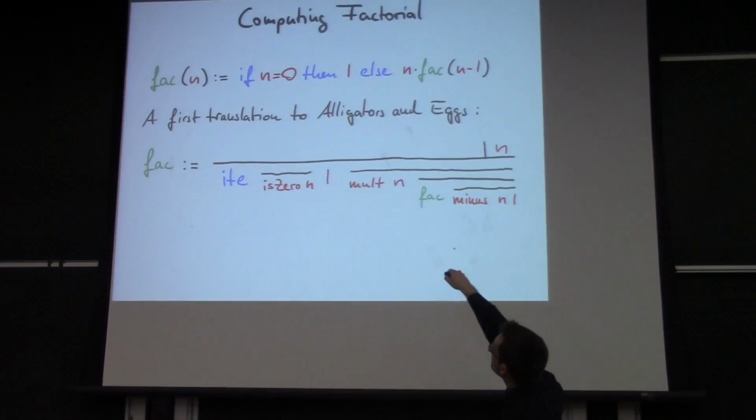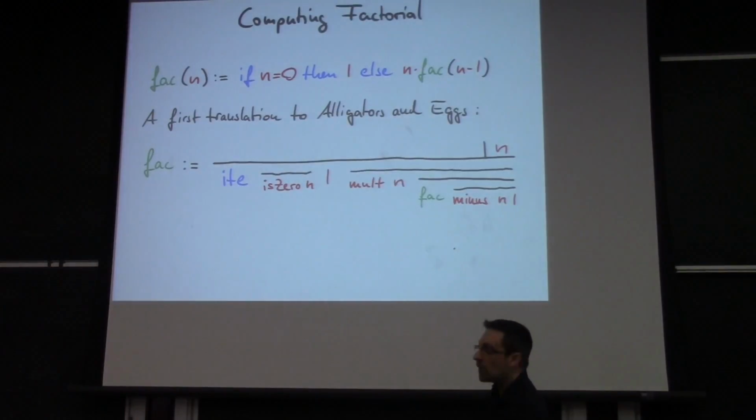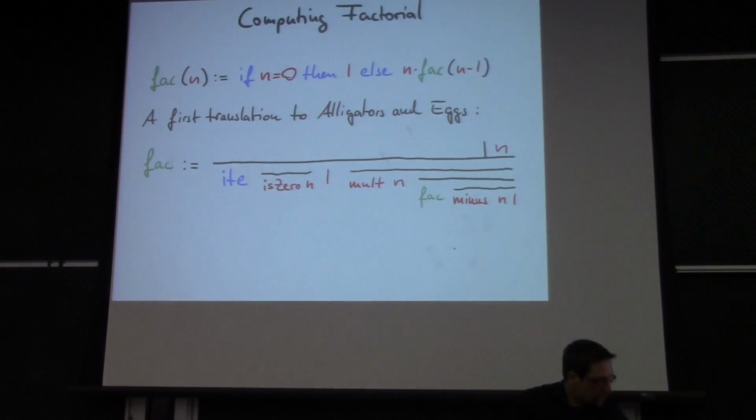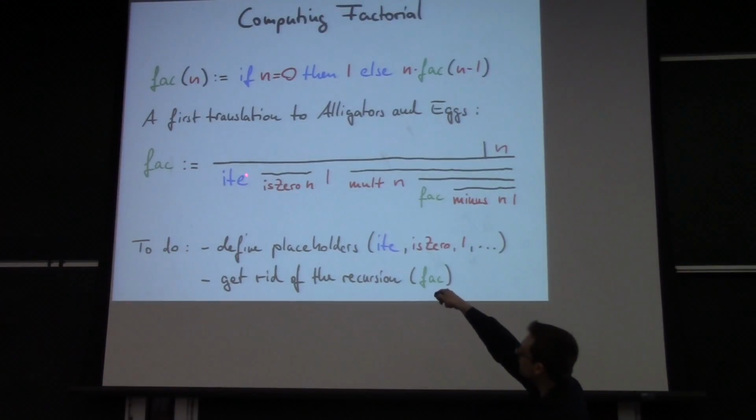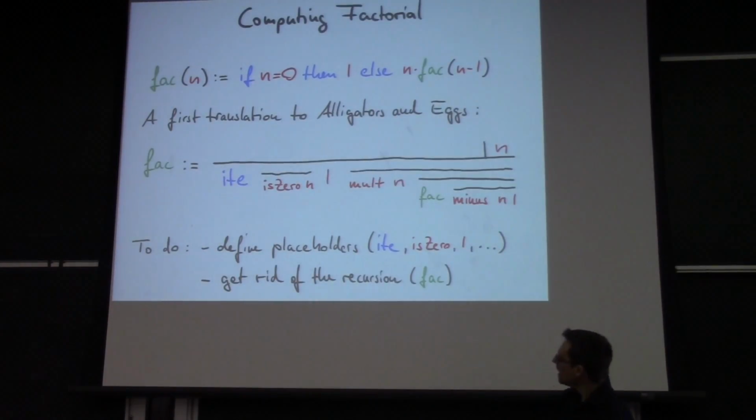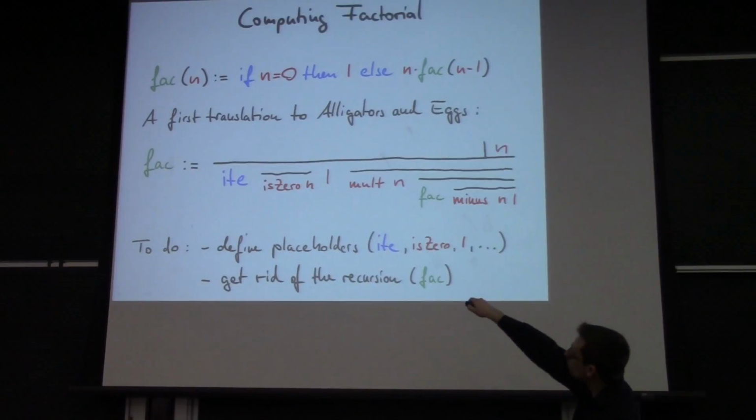So there's really nothing that happened so far. I just wrote this in the form of alligator and egg programs. Now, of course, what we really need to do is define these. We need to find alligator and egg programs that actually represent all these placeholders here, like if and else, is 0, multiplication, minus, and so on. And then at the end, we also need to get rid of this recursion.